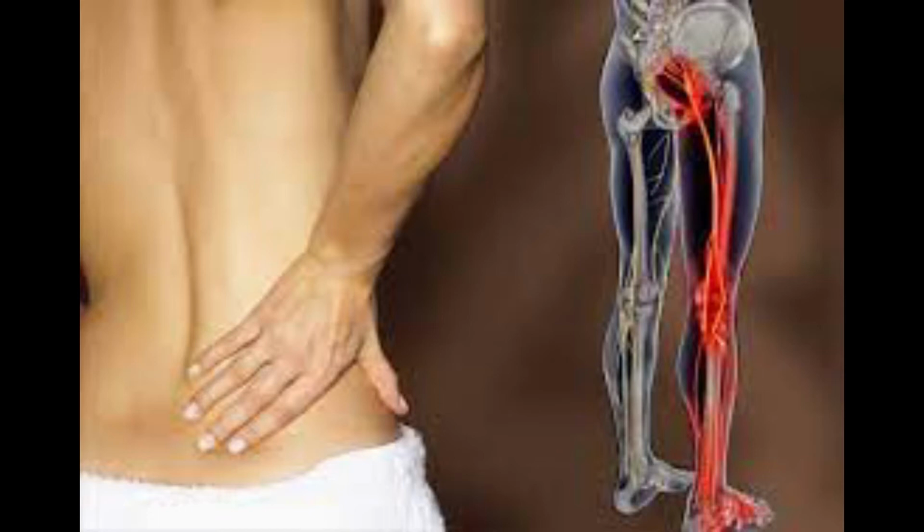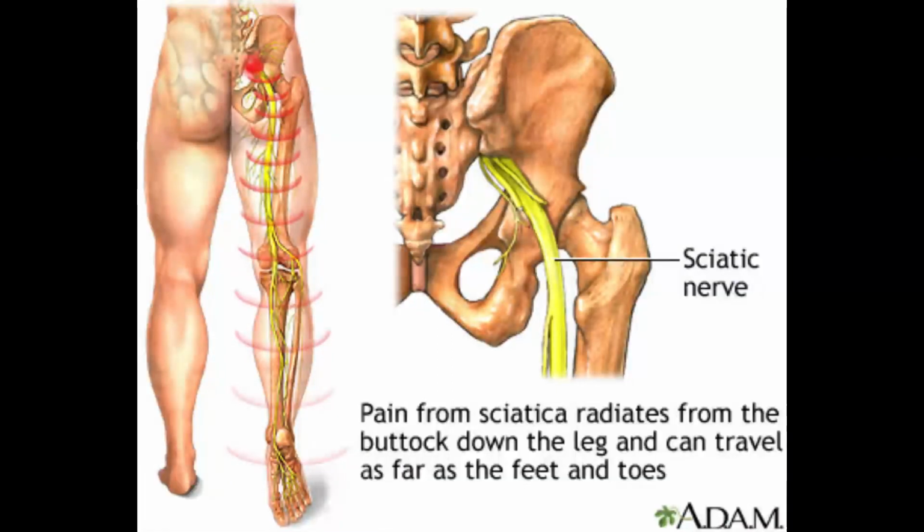Now, for our first injury, let us focus on the sciatic nerve. Since it is the largest nerve in the body, it is bound to be injured or affected in some way.